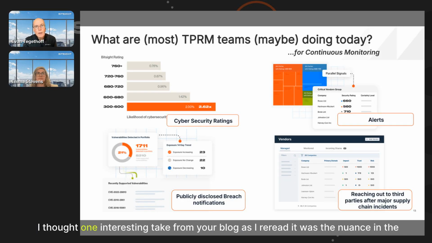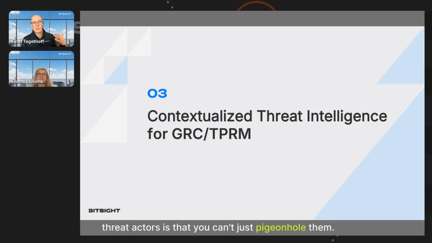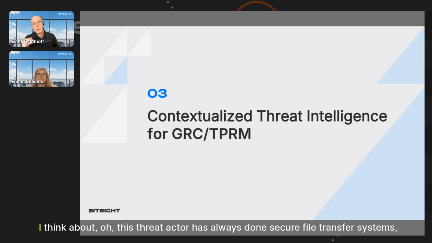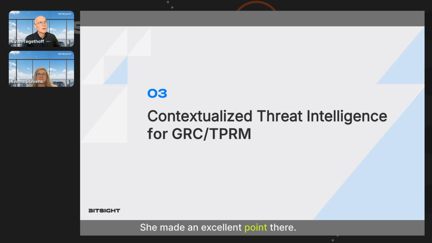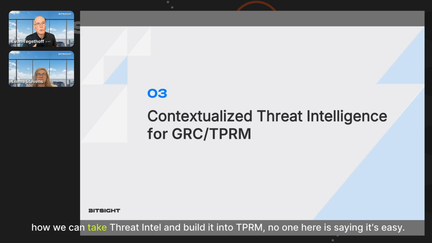Okay. I thought one interesting take from your blog, as I reread it, was the nuance in the threat actors: you can't just pigeonhole them. I actually tend to do it too. I think about, oh, this threat actor has always done secure file transfer systems, et cetera. She made an excellent point there. As we move into this next section about how we can take threat intel and build it into TPRM, no one here is saying it's easy.